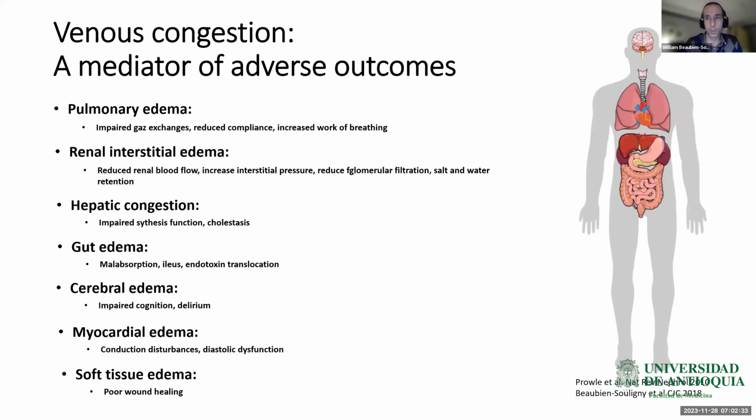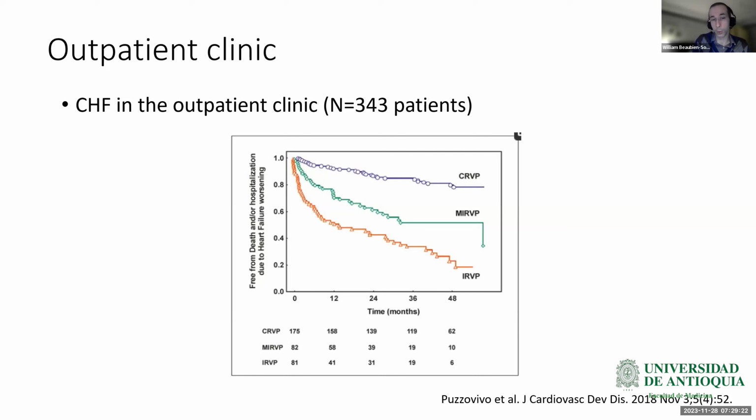And again, Kaplan-Meier curves, very reminiscent of what I've shown previously, with the presence of a severely impaired intrarenal venous flow being quite a bad prognosis sign in congestive heart failure patients.